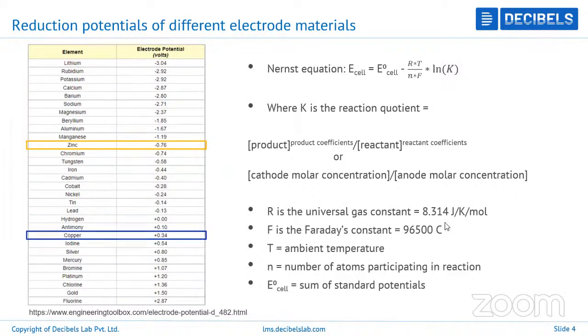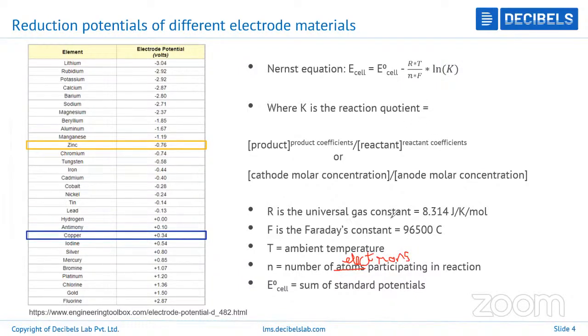R is your universal gas constant, which is fixed at 8.314 joules per Kelvin per mole. T is your ambient temperature, usually taken at 25 degrees Celsius, which is 298 Kelvin. N is the number of electrons participating in the reaction. It is not atoms, it is electrons participating in the reaction.